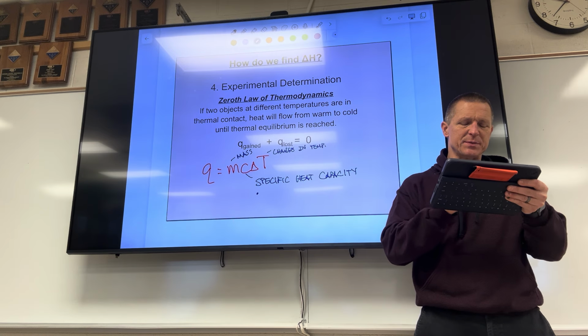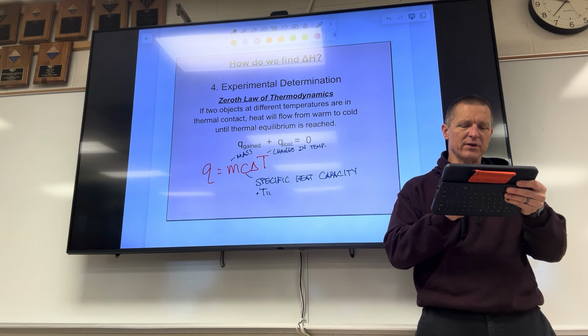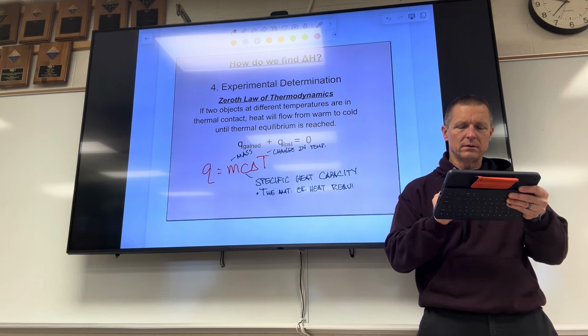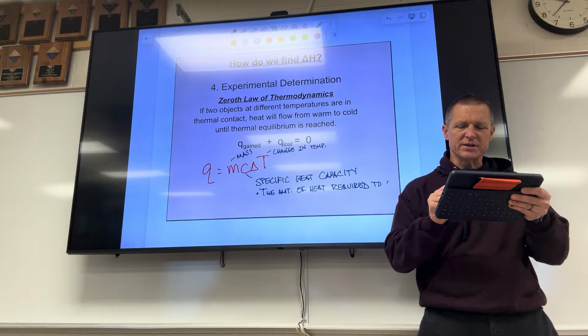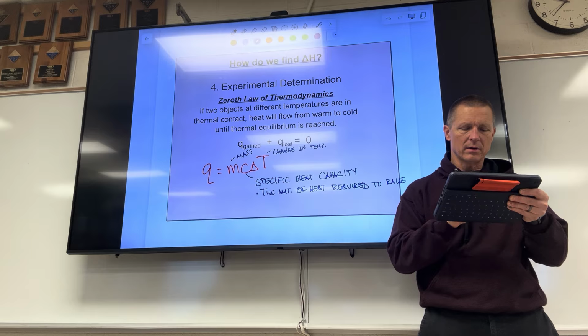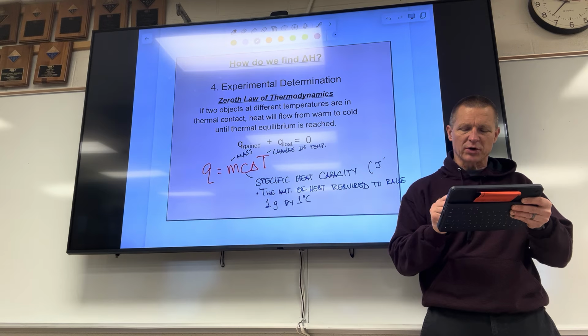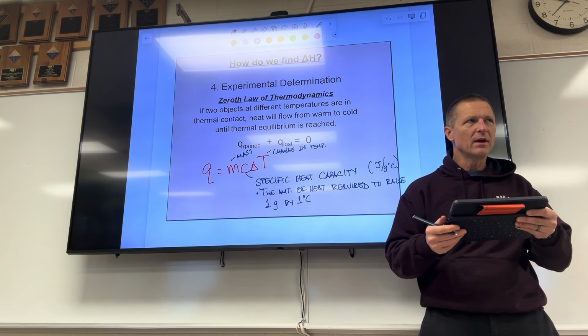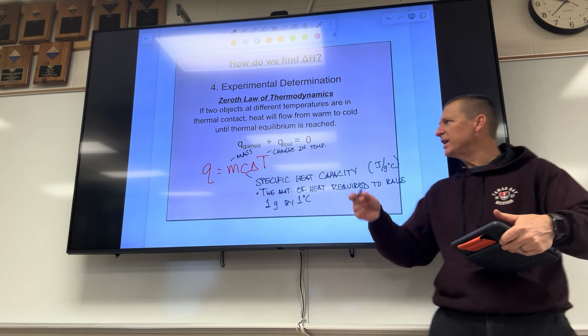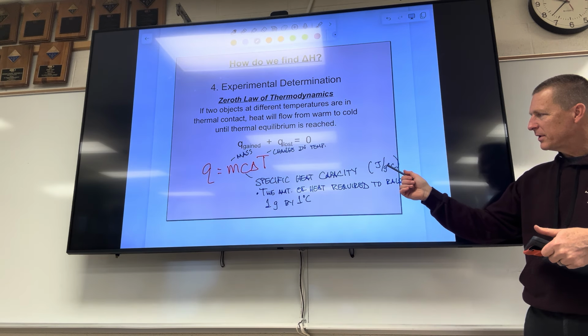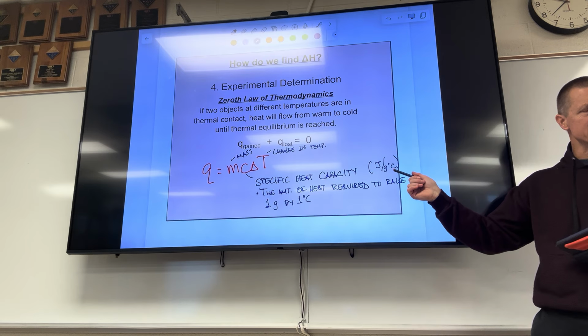The definition of specific heat capacity is the amount of heat required to raise 1 gram of a substance by 1 degree Celsius. So its unit is joules per gram degree Celsius. The unit kind of defines what specific heat is. It's the amount of energy in joules, heat energy, to raise 1 gram of a substance by 1 degree Celsius.